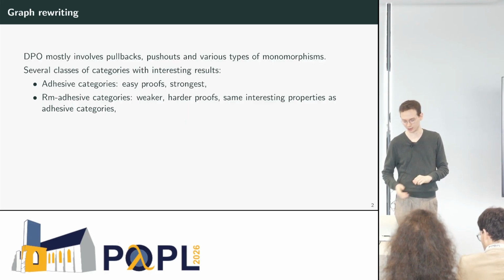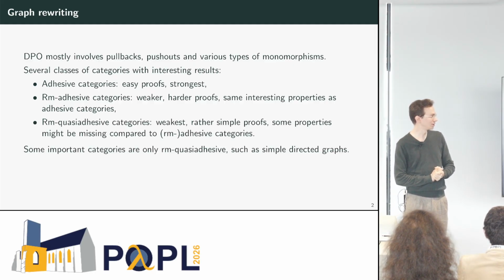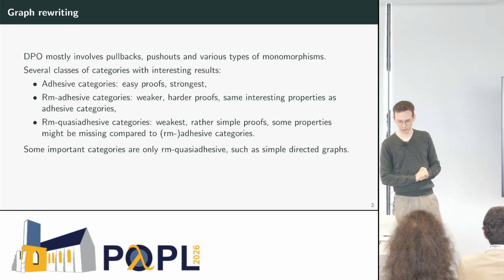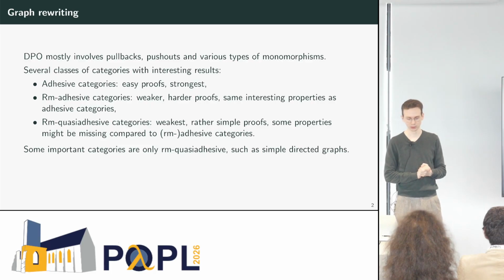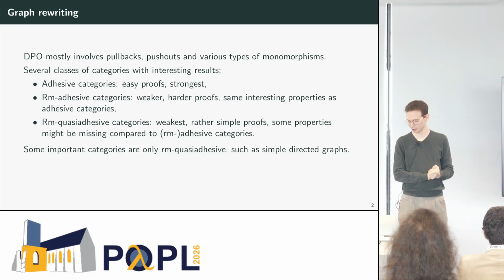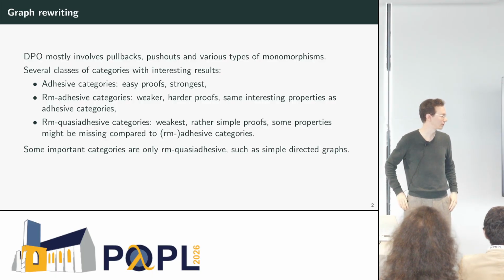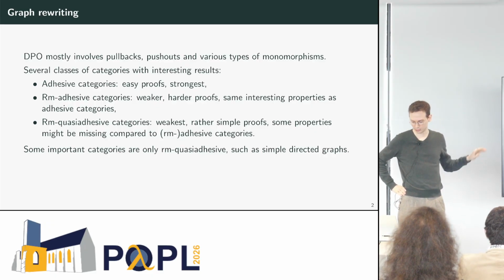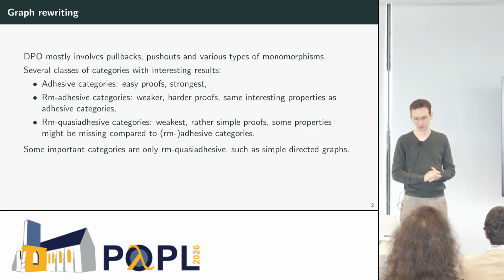And finally, we have RM quasi-adhesive categories, which are the weakest notion. Rather simple proofs, essentially the same level of difficulty as adhesive. But some theorems in the literature are only proven for RM adhesive categories and not for RM quasi-adhesive, so we might lose some nice properties.